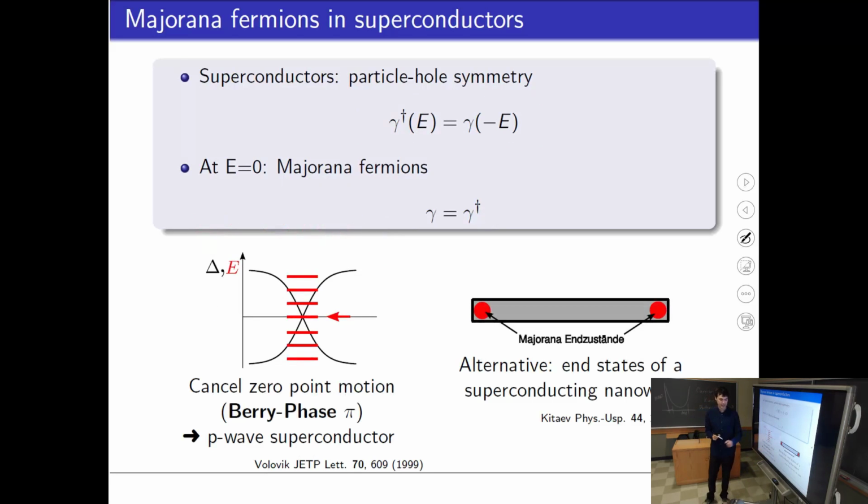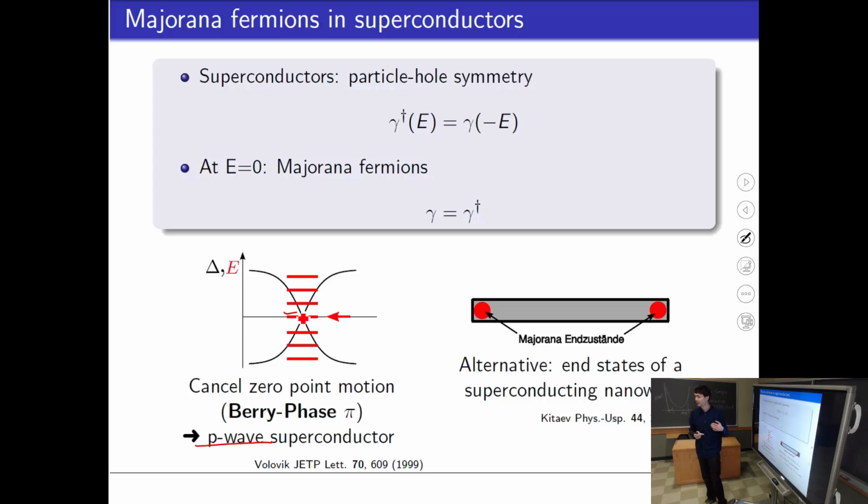So Volovik in 1999 figured out that if you make a special superconductor, which became known as a p-wave superconductor, which refers to the symmetry of coupling between the two electrons in a Cooper pair. Again, difficult to go into full details of that in one lecture. But basically, in those kinds of materials, which are fairly exotic, actually absolutely exotic, don't occur in nature, you can have an energy level exactly at zero.